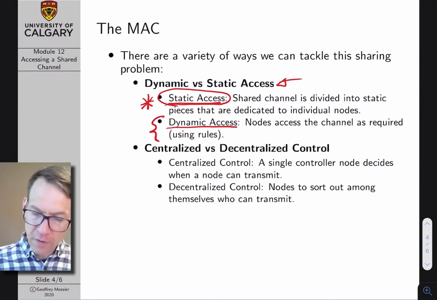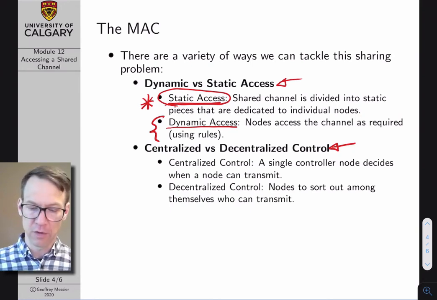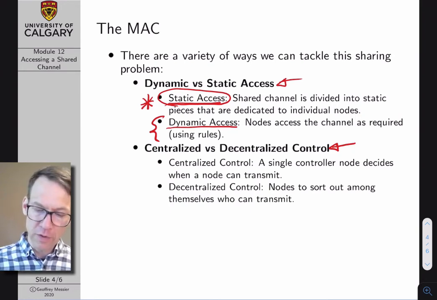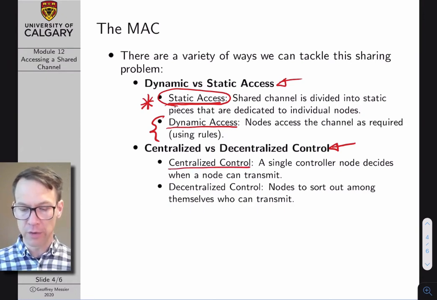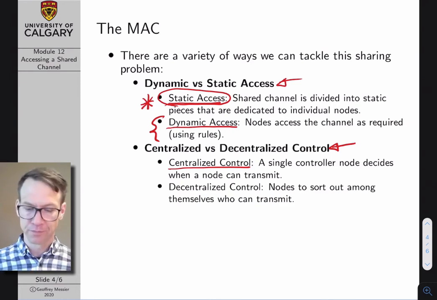The next way that we can classify MAC algorithms is whether they use a centralized or a decentralized approach to controlling access to the shared channel. Centralized control, as the name suggests, is when a single controller node decides when a node can transmit. So we have a master node that all the other nodes have to defer to when trying to access the shared channel.